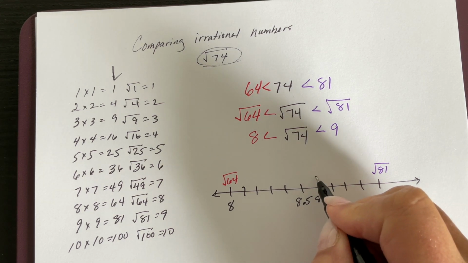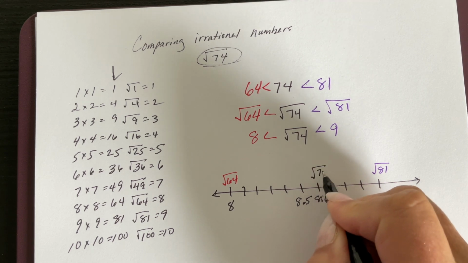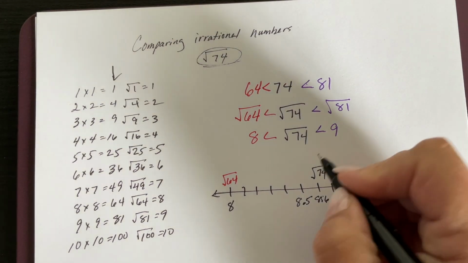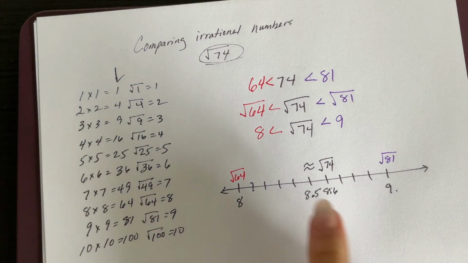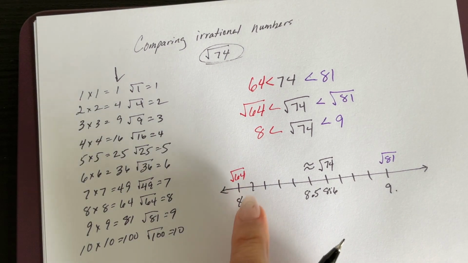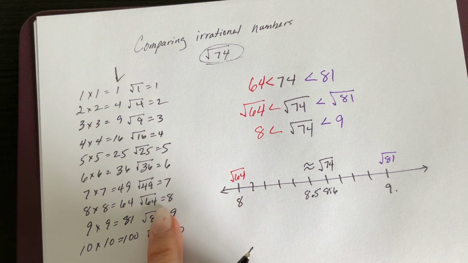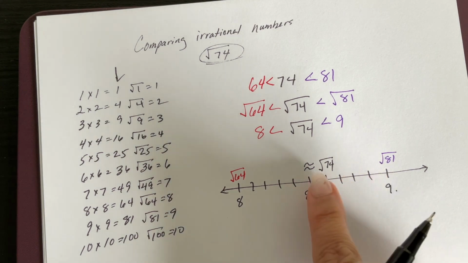So I would say the square root of 74 is right about here. Remember, we're approximating, we're putting about. So when I put equals, it means that's it, right? Square root of 64 equals 8. Square root of 81 equals 9.